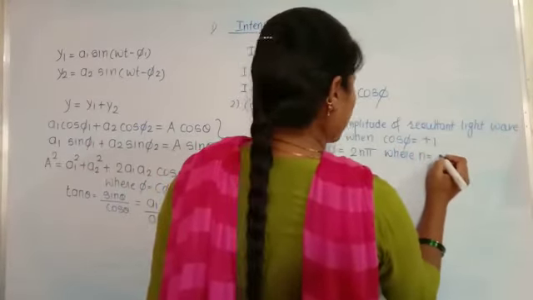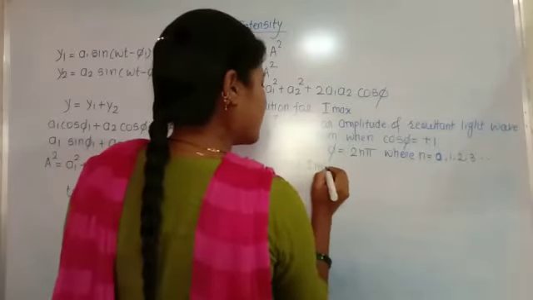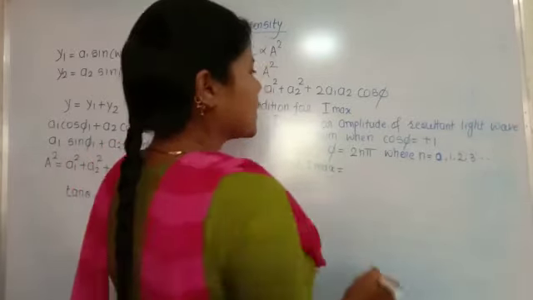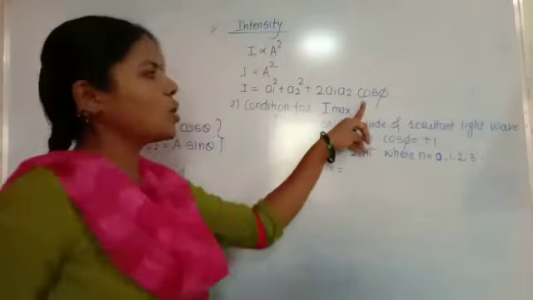Okay, and Imax, the maximum intensity, is equal to this value when cos of phi is equal to plus 1.